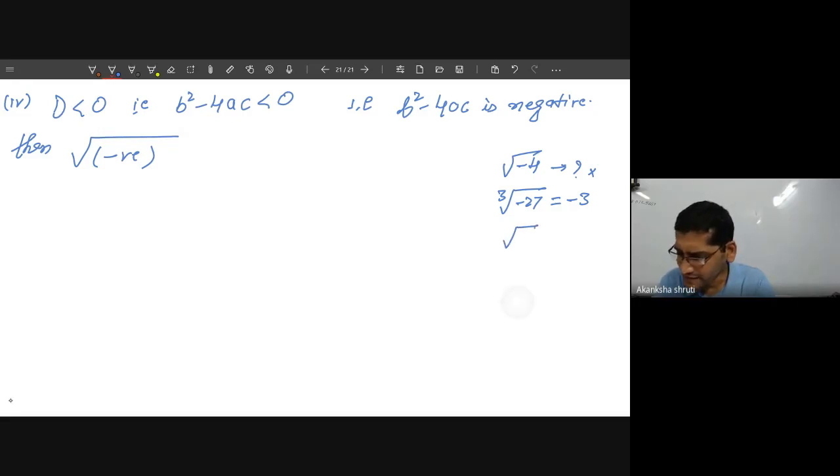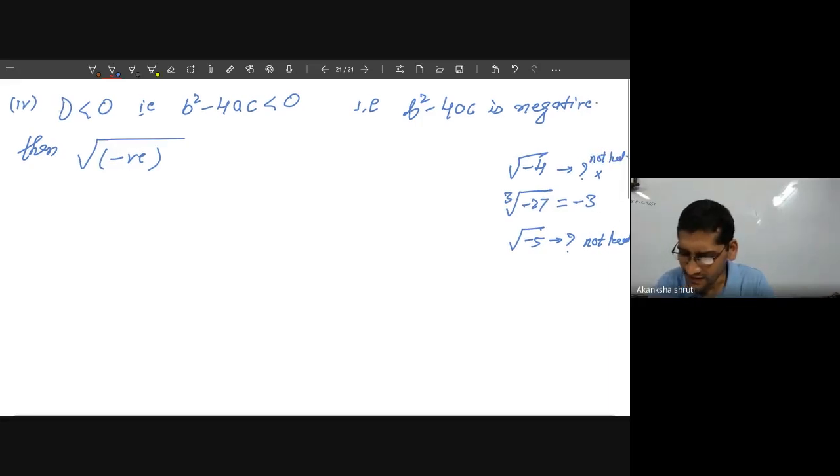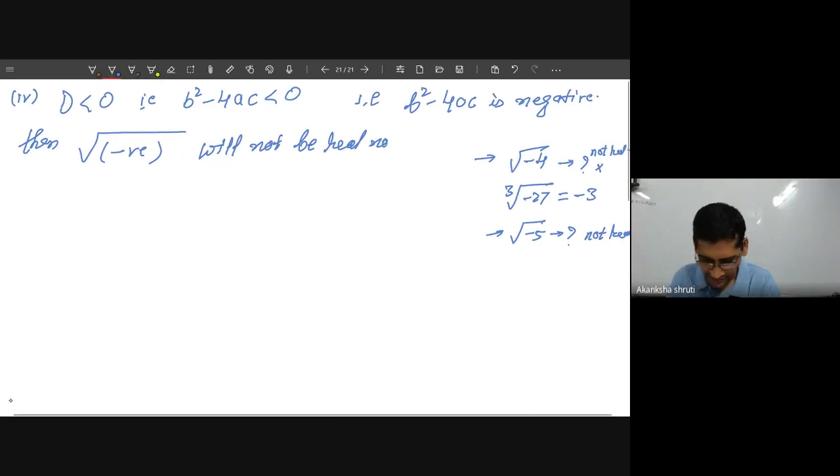So the square root of any kind of negative number is not real. It is also not real. Means these and these are not real. Negative of a square root will not be real, or a real number.